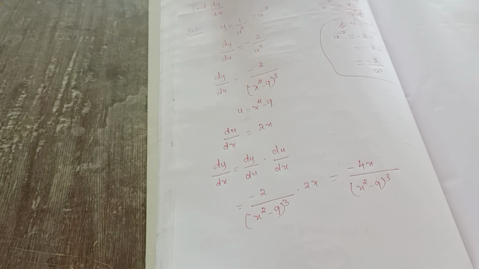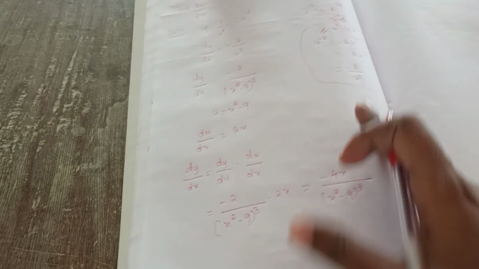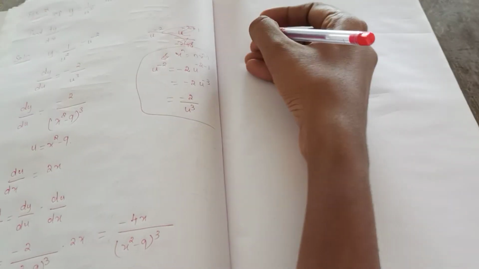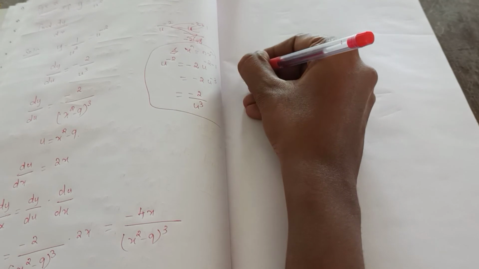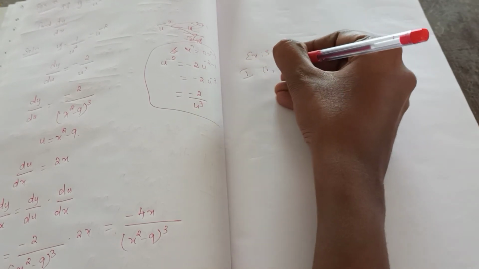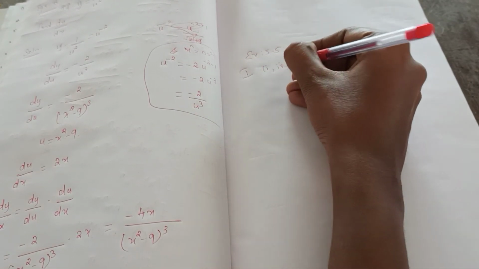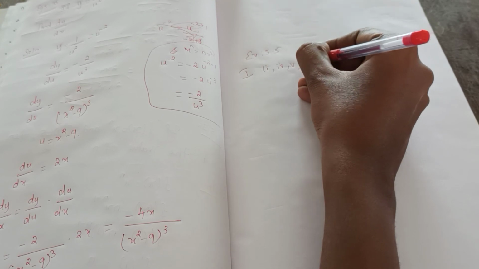First problem homework, fourth problem homework, fifth problem homework, sixth problem homework. Take down the homeworks. I am giving the homeworks. So exercise 5.5, first Roman: first problem, fourth problem, fifth problem and sixth problem homework.